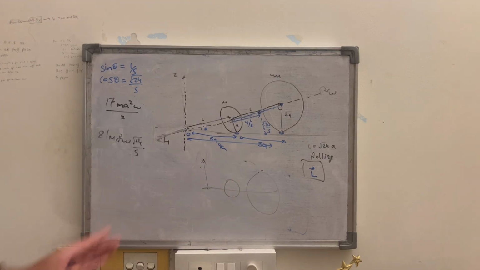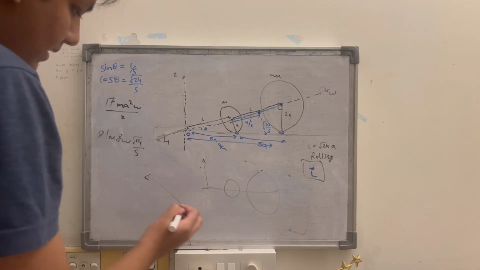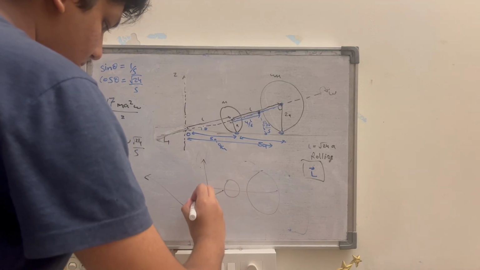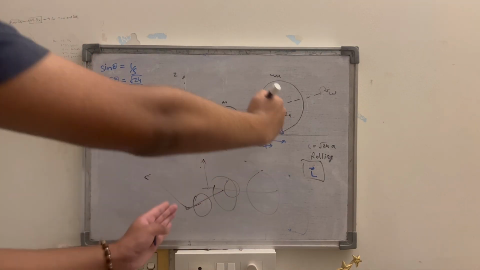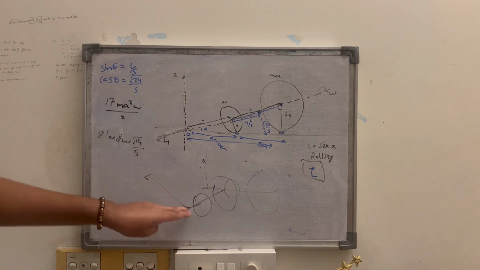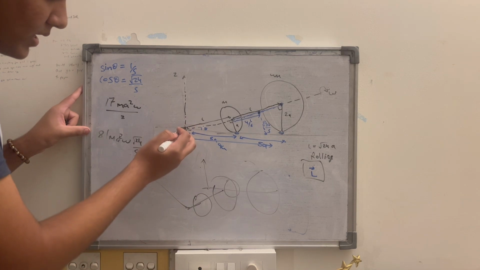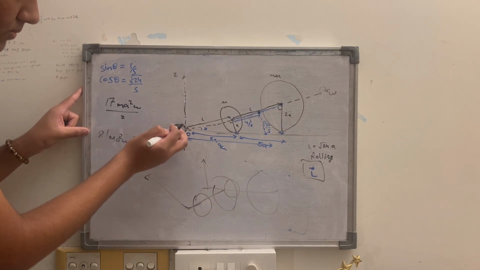Now if we just tilt this whole thing, you'll get the direction of angular momentum to be this. So the direction of angular momentum becomes this, perpendicular to the axis of rotation.